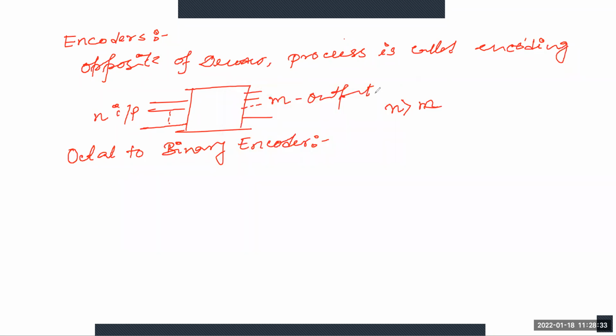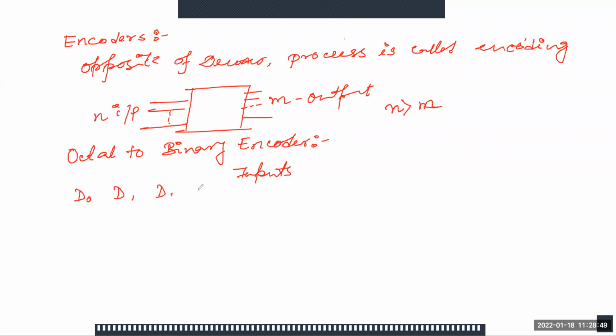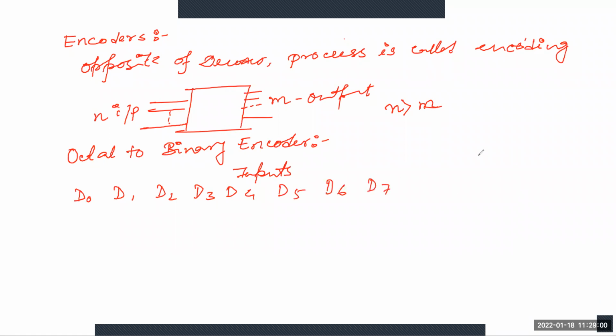So the truth table is that, suppose the inputs here are D0, D1, D2, D3, D4, D5, D6 and D7. The outputs are Y2, Y1 and Y0.